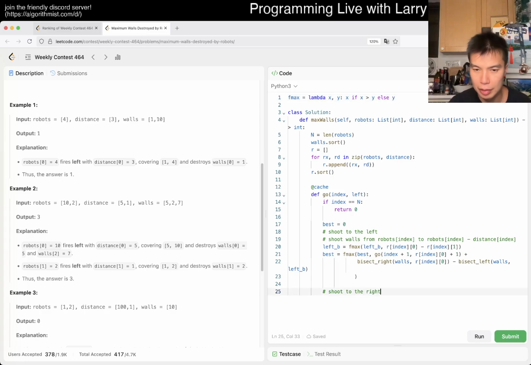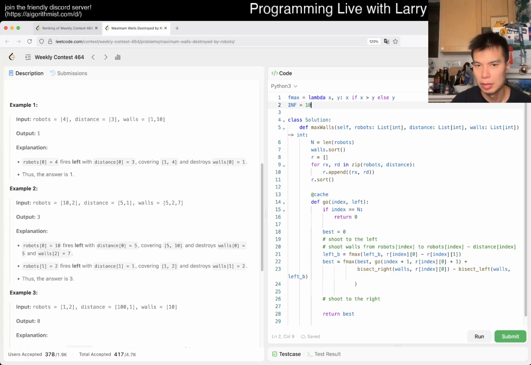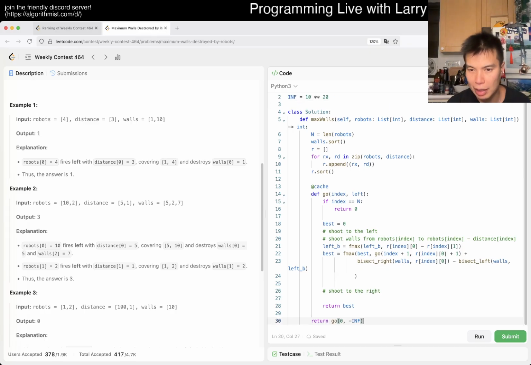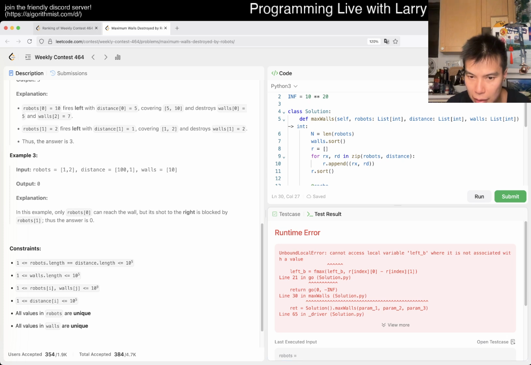Right, okay. Return best, oops. And return go 0, robot sub, negative infinity. Alright, I know that this isn't done. We haven't shot to the right, but I just want to see if it gets things right.